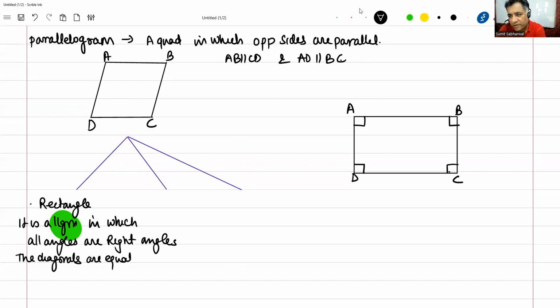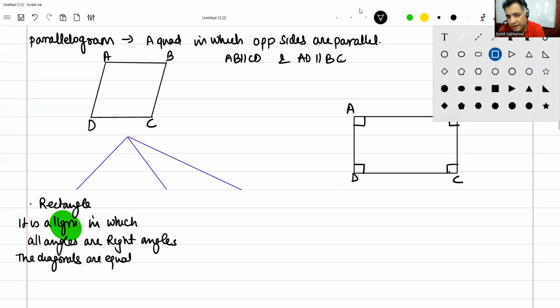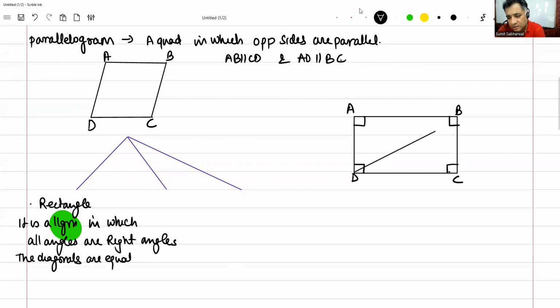This also you must have done in your class 8 in chapter quadrilaterals. Okay. The diagonals are equal. We can clearly say that AC will be equal to BD. Okay. Now, apart from a rectangle, there's one more figure called a parallelogram, which is known as a square.